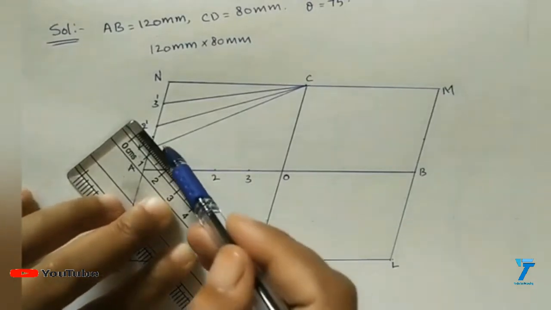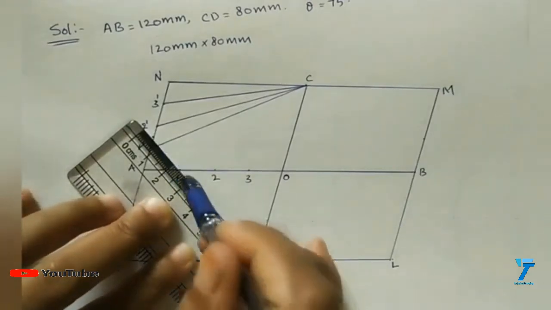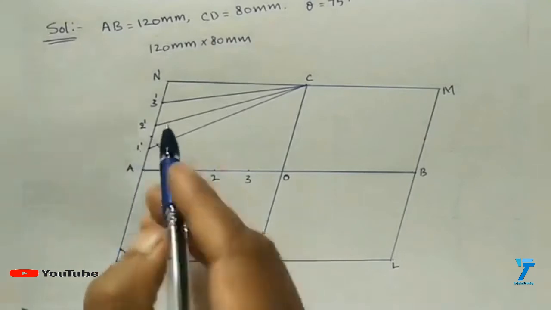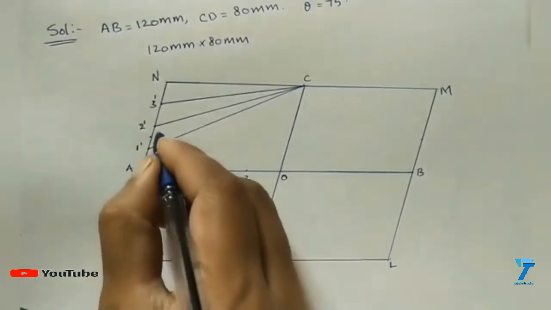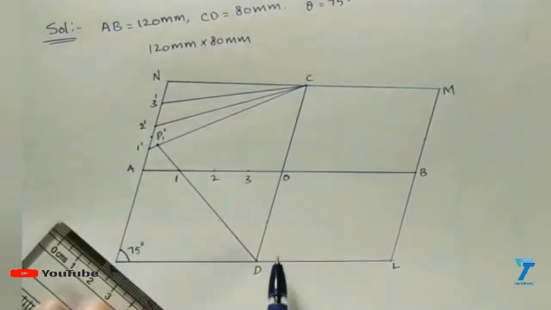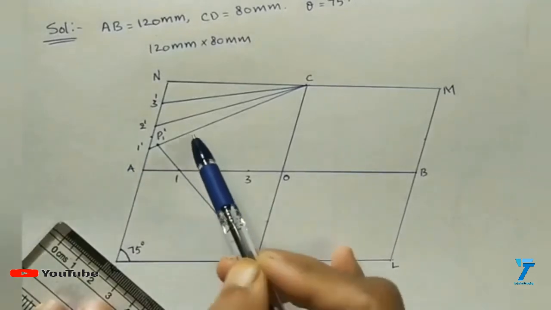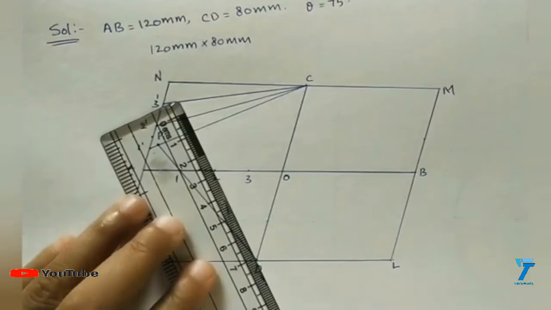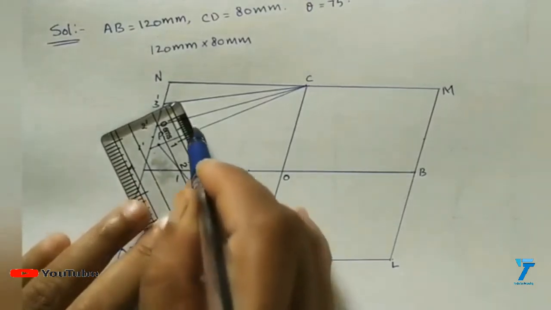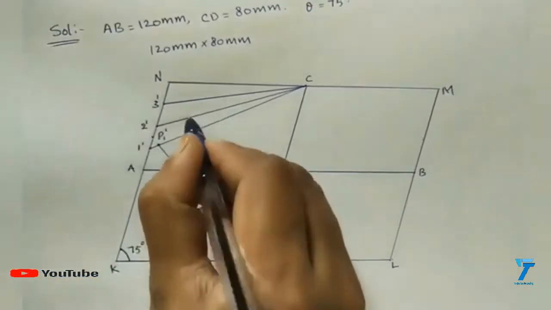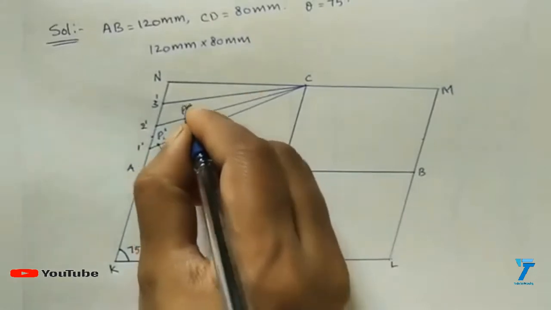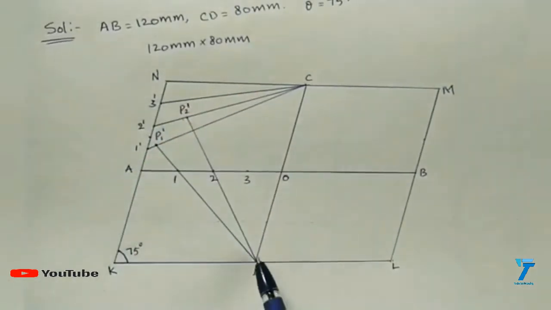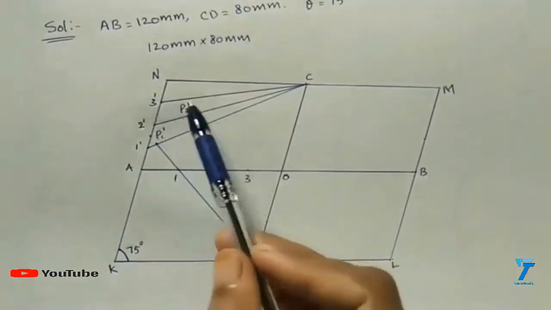We will get one line, extend up to first line which is passing through 1 dash. The intersection point is P1 dash. Similarly join D to 2 and extend up to 2 dash line. We will get P2 dash point. Next join D3 and extend up to 3 dash line.